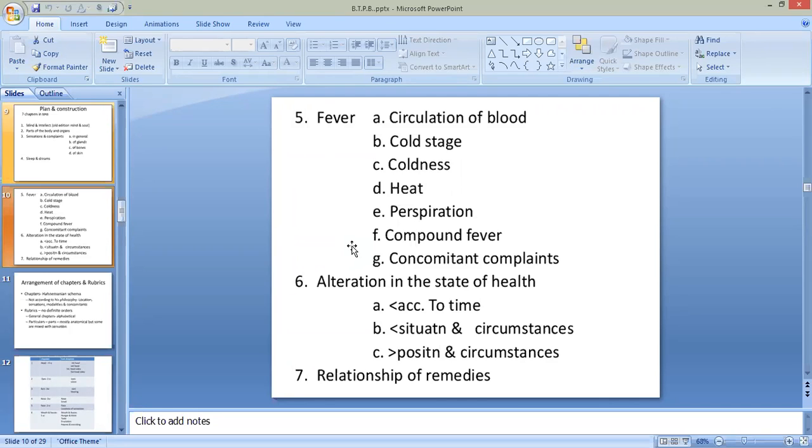Then the next, sixth chapter is alteration in the state of health. Alteration in the state of health is nothing but the modalities, the aggravating and ameliorating factors.